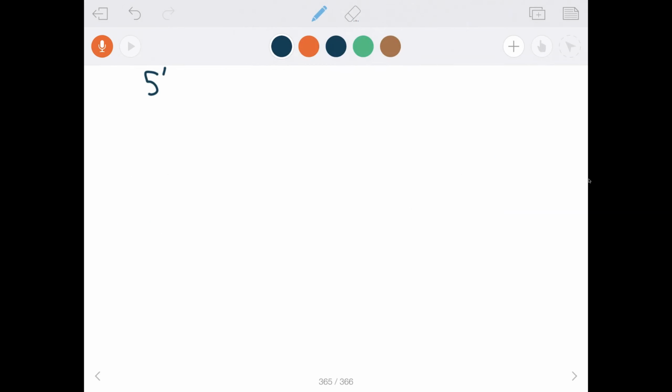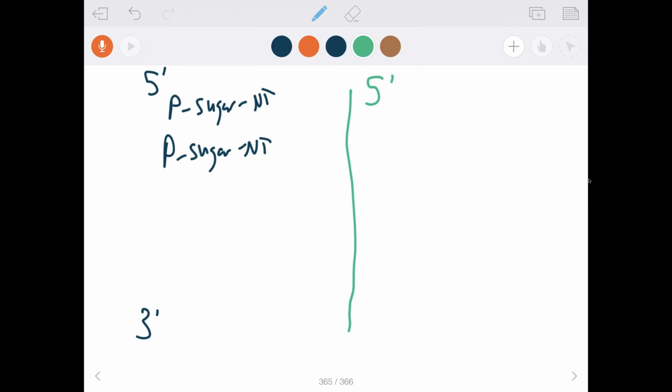So let's say this is 5', this is 3', and you have your phosphate, your sugar, and your nitrogenous base, or nucleotide. Phosphate, sugar, nucleotide. If this other strand is in the same direction, there is a problem.